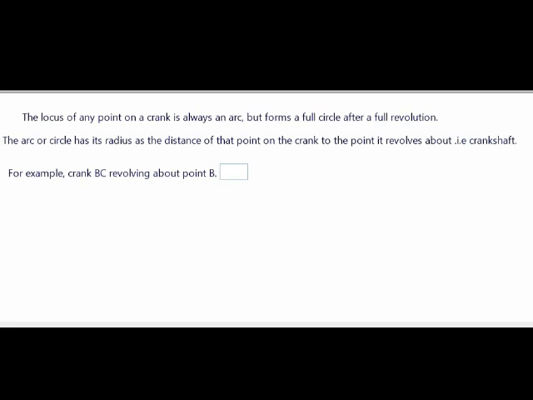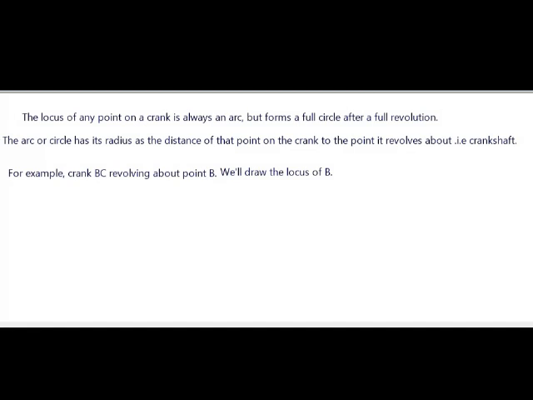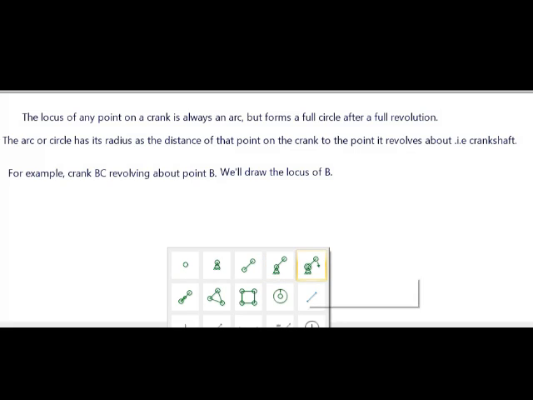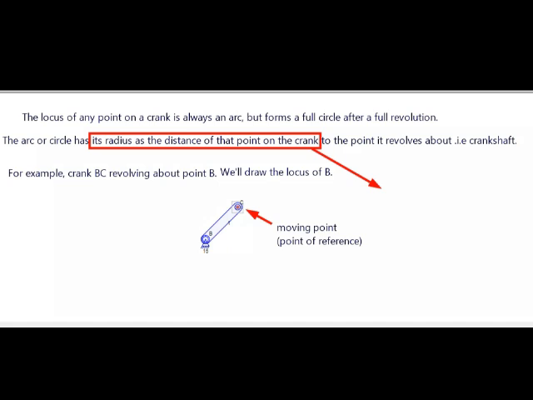So we're going to look at an example: a crank BC that is set to revolve about point B, and we're going to draw the locus of B. That's the moving point of reference, the point that moves around the fixed point.